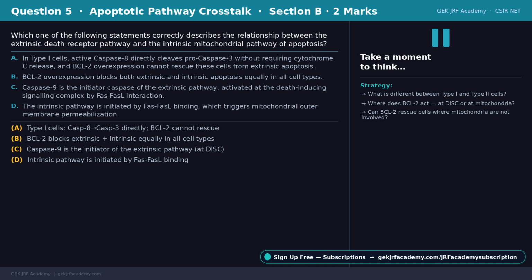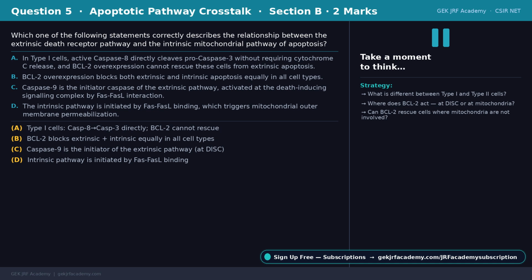Option A. In type 1 cells, active caspase 8 directly cleaves procaspase 3, bypassing the mitochondria, so apoptosis proceeds without requiring cytochrome C release, and BCL2 overexpression cannot rescue these cells from extrinsic apoptosis. Option B. BCL2 overexpression blocks both extrinsic and intrinsic apoptosis equally in all cell types.